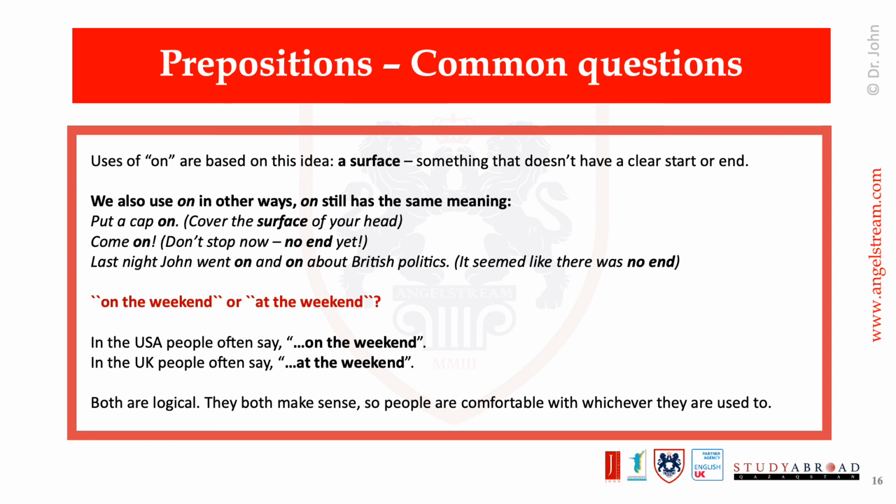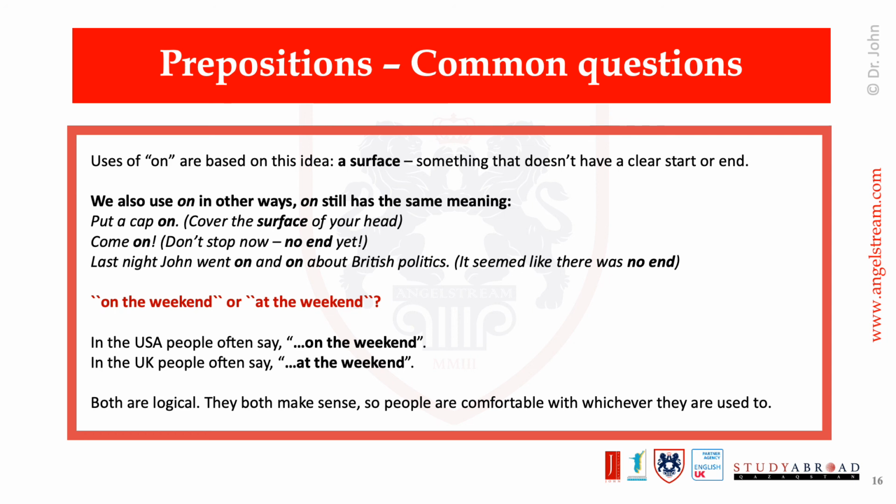Sometimes on has a slightly different meaning. Put a cap on. Of course, you place it on top of your head. And there's also come on. Don't stop. So come on means you don't stop and you just proceed and continue. One more example is last night John went on and on about British politics.